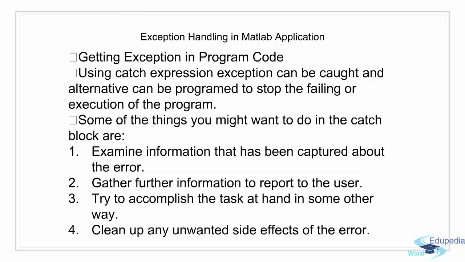If a file is not found, say for example, we can search for another file name or some variation of the file name. And at last, you can clean up any unwanted side effects of the error and restore the program environment to what it was before the execution. At the end of the catch, you as a programmer can decide whether to keep executing the program or just terminate it.